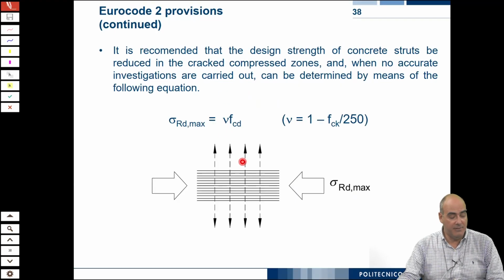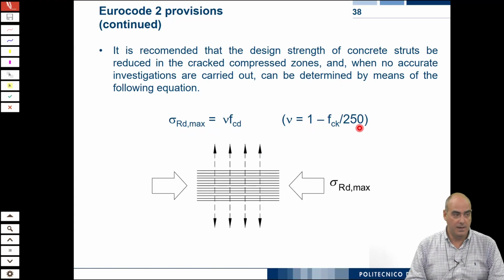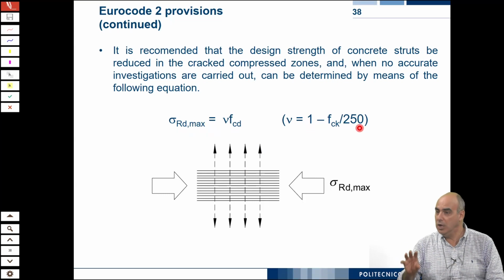So if we have transverse tensile stresses, reduce the compressive strength by a factor ν, which is equal to 1 minus fck divided by 250. fck is the characteristic compressive strength in newtons per square millimeter. So what does it mean?